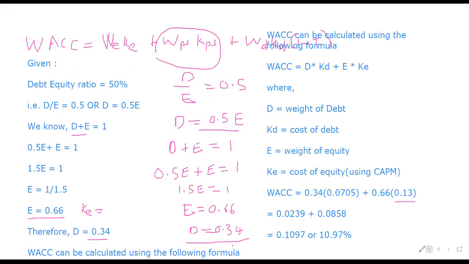If you multiply those two, what are you getting here? So our WACC, therefore, will be just the two items, the weight of equity and the cost of equity, plus the weight of debt times the cost of debt.